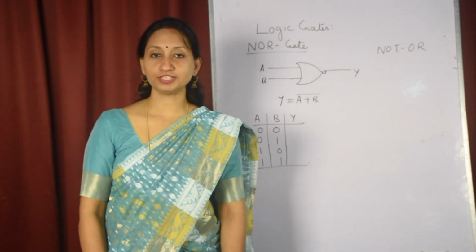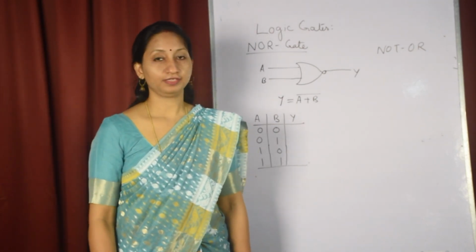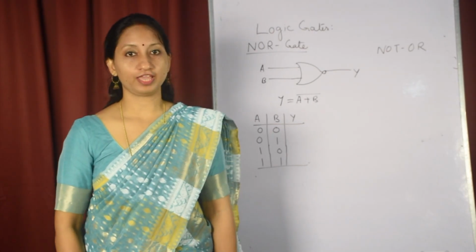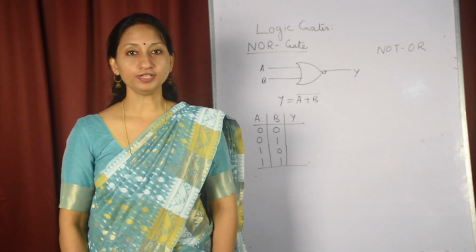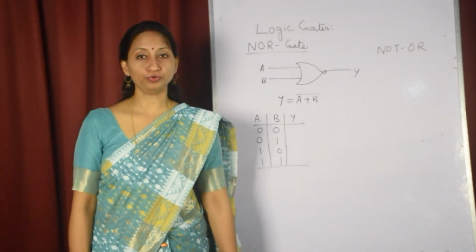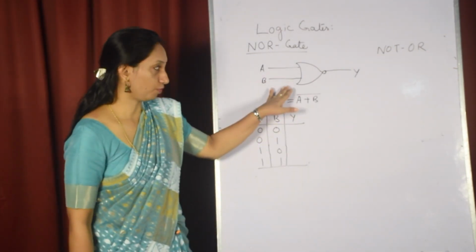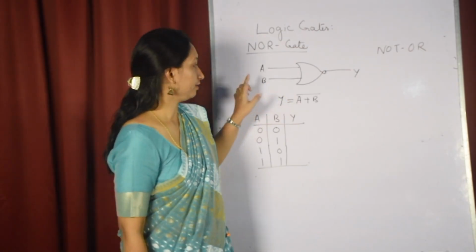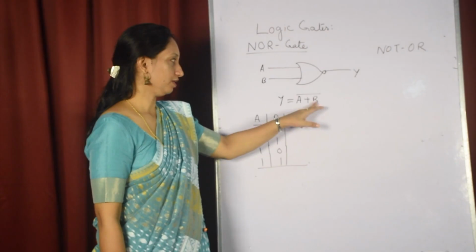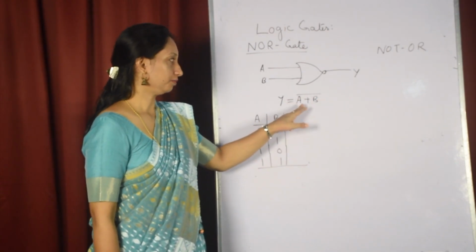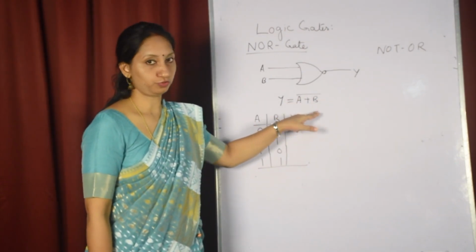So NOR gate means NOT OR. It has 2 or more inputs and only one output, which is the complement of the OR sum of the 2 or more inputs. Now this is the symbol for the NOR gate, and the output is represented as A plus B, complemented, the complement of the sum of the 2 inputs.